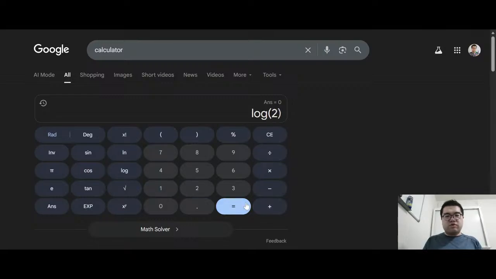Log 2 is this, and then we take the reciprocal of it. So we get something like this, times 2, which is what we have. So we see that this is approximately equal to 6.644. Let's go for a few more digits. 6.644. Okay.